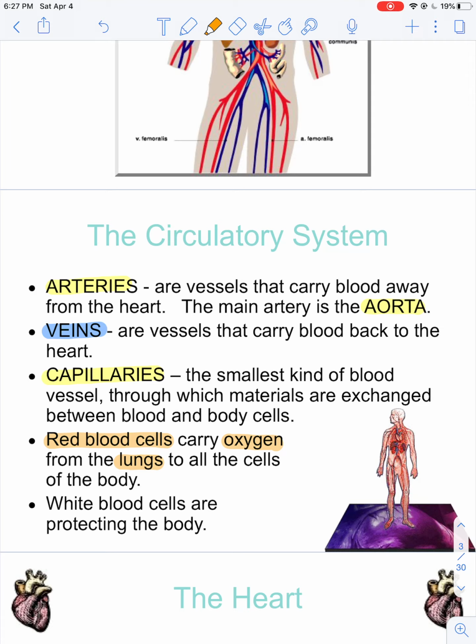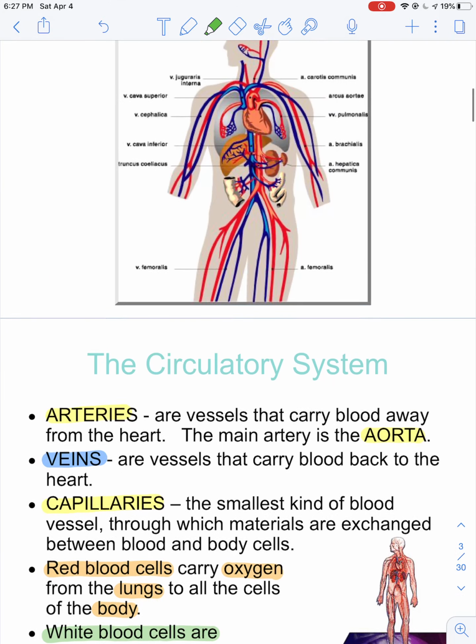Les cellules sanguines emmènent l'oxygène des poumons vers le corps, to all the cells of the body, vers toutes les cellules du corps. And in addition, inside the blood vessels, we have white blood cells. On a les cellules très importantes qui se chargent de protéger notre corps. White blood cells. All right?